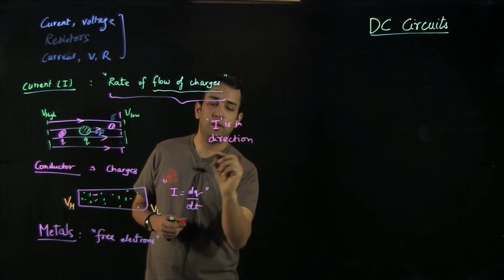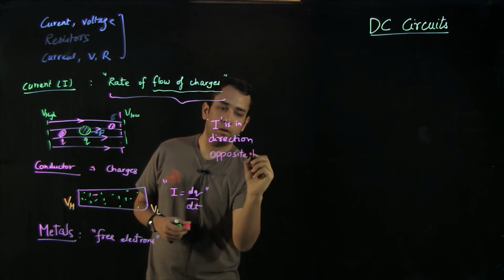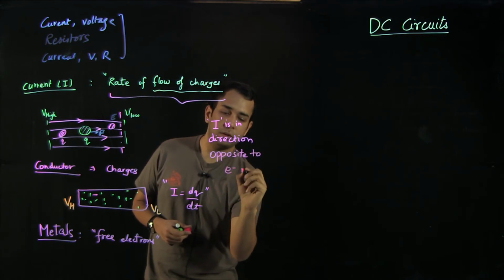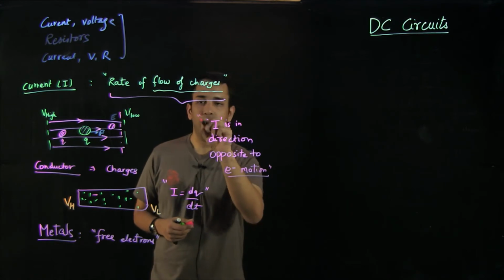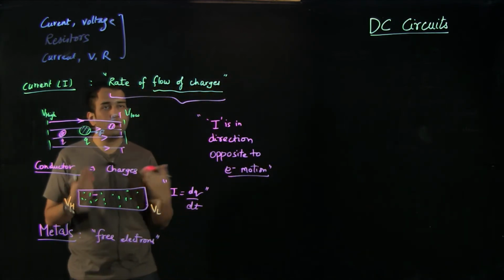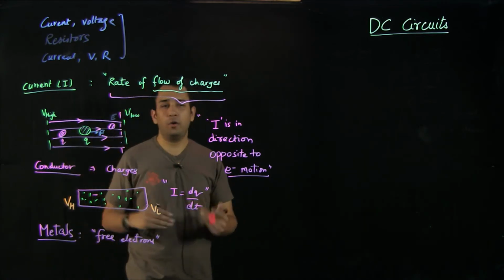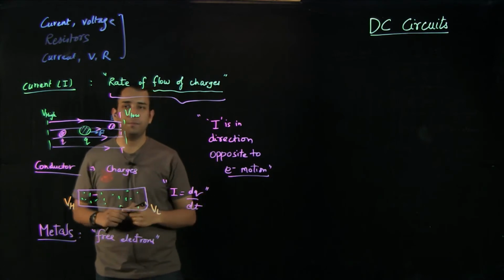in direction opposite to electron motion. So if the positive charges are going from high potential to low potential, the current is also going from high to low potential, while we know that the electron motion will be from low to high potential.